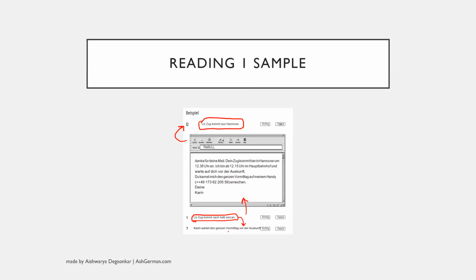Like I can give you an example of the word Vormittag here, which is the time between 9 to 12 o'clock. So in this text, if you notice, time has been mentioned. So understanding and learning what is what, from the context of vocabulary, this is how it is going to work. This is how it is going to look when you look at the exam.